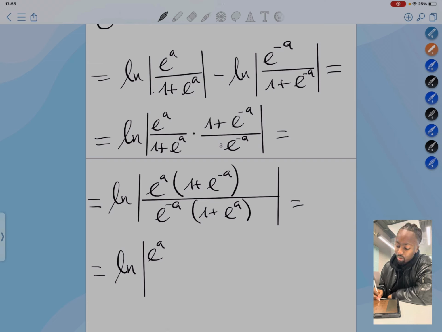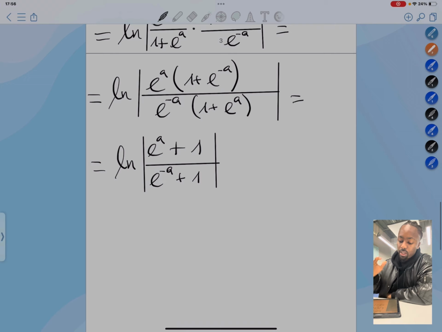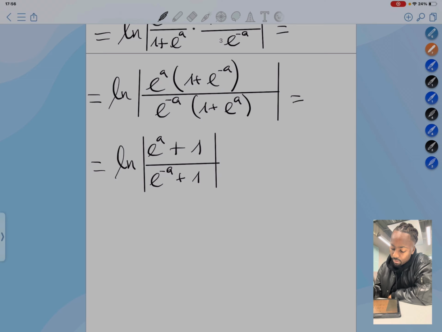On the numerator, e to the power minus a times 1 gives e to the power minus a, and then e to the power minus a times e to the power a simply gives 1. So now it's nicer. I'm going to write e to the power minus a as 1 over e to the power a.